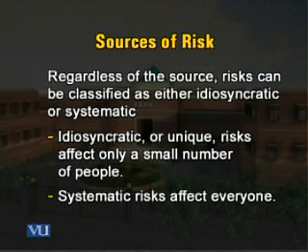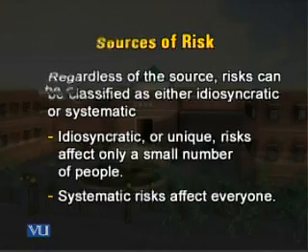Then there is systematic risk, which affects everyone. If we have to give examples for both of these types of risk, the first is unsystematic risk: idiosyncratic risk, specific risk or unique risk. These are different names for the same category of risk.